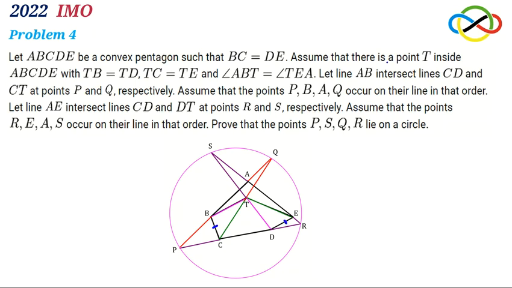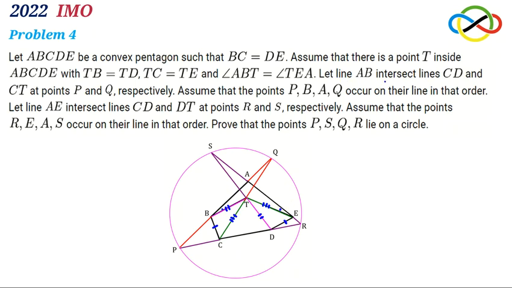Assume that there is a point T inside ABCDE with TB equal to TD, and TC equal to TE, and angle ABT equal to angle TEA. ABT is this angle I showed with the point.